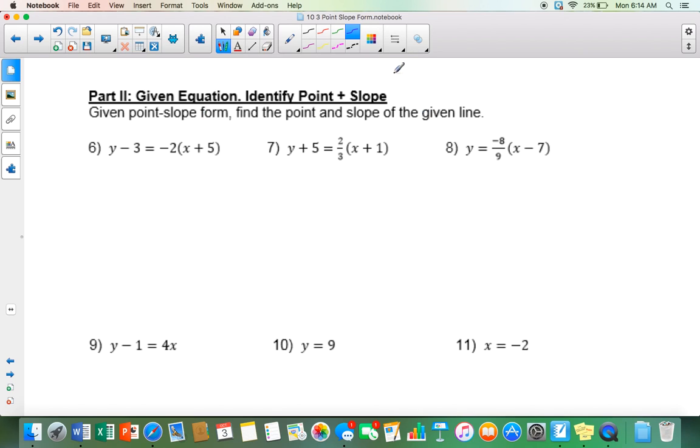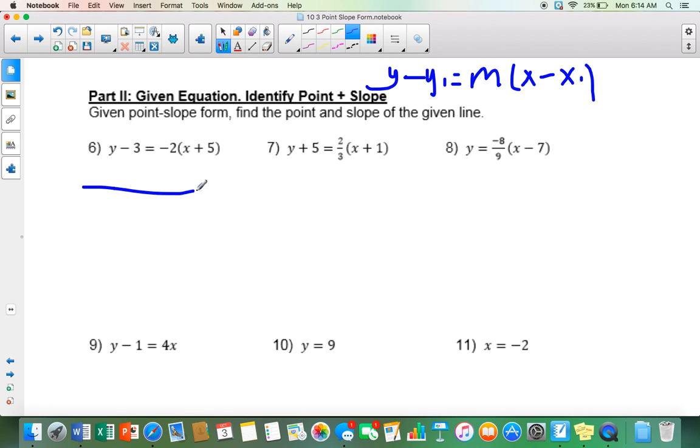So remember, our formula is y minus y1 equals m times x minus x1, okay?